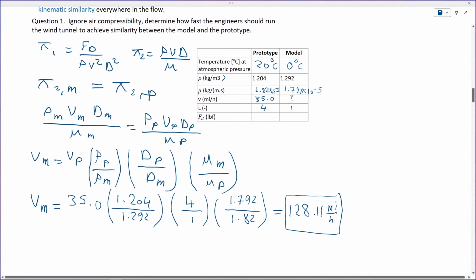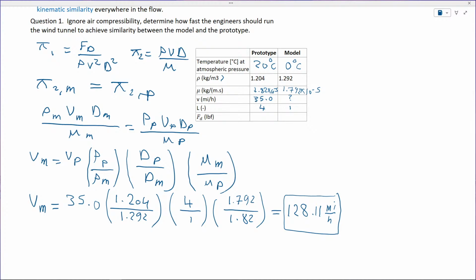Kinematic similarity we achieve by making the velocity on the belt in the wind tunnel 128. So if we have a velocity of 128 and a model that is 1/4 of the prototype, with this geometry we need this velocity, and that's how we achieve dynamic similarity.